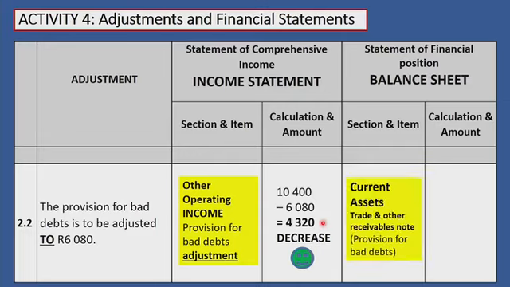And of course now, no other place than under current assets, trade and other receivables note, do we find, in brackets, provision for bad debts. And we have now changed it, like they told us, to 6080. So that is revision on that.